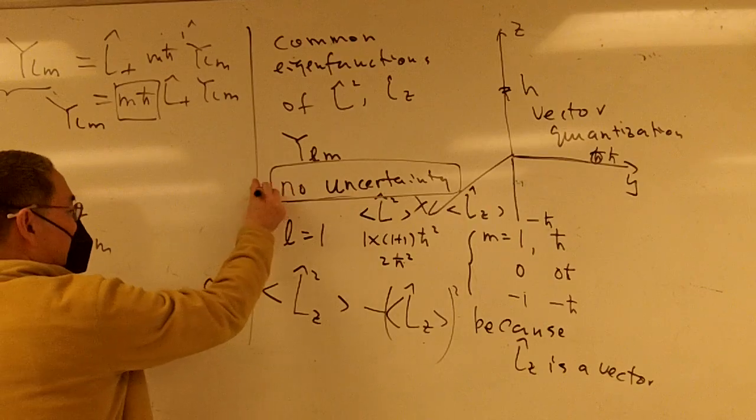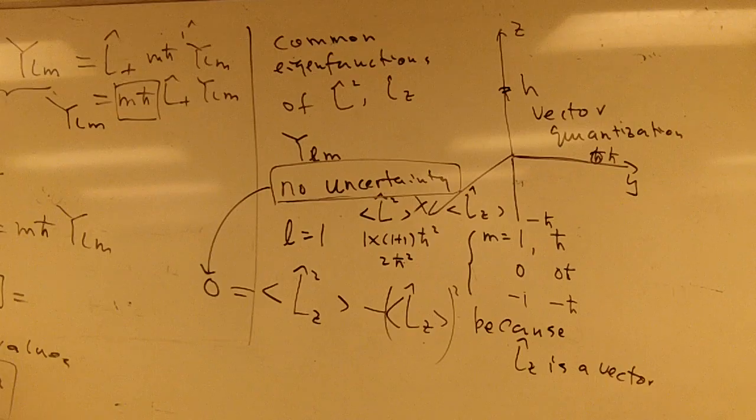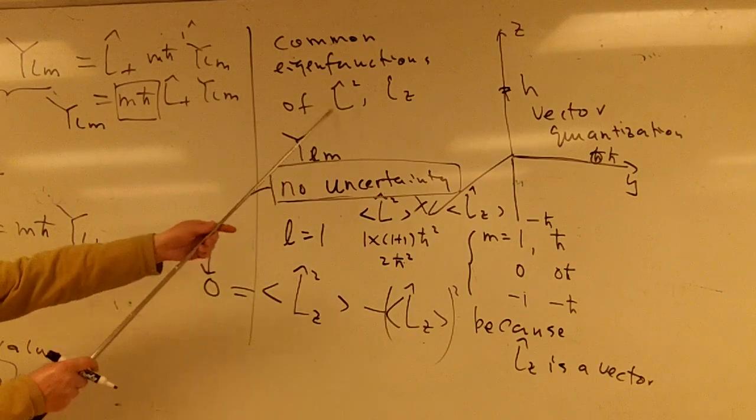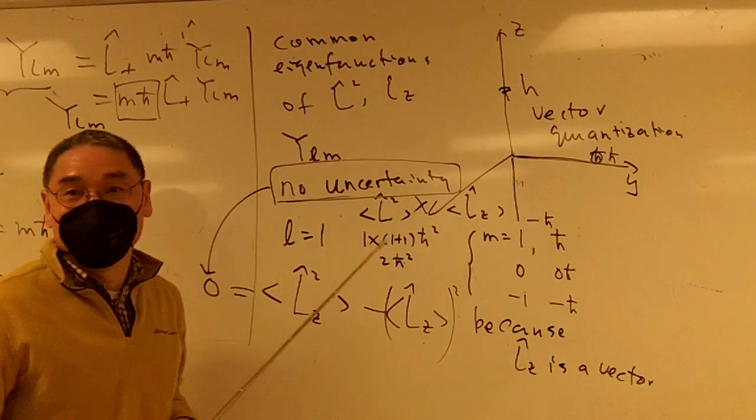So no uncertainty really means this equation equals 0. Does that make sense to you? Same thing when we say uncertainty, this is Lz squared, L itself squared put over here, and there is no uncertainty. What that means? It does not mean you cannot choose different values.